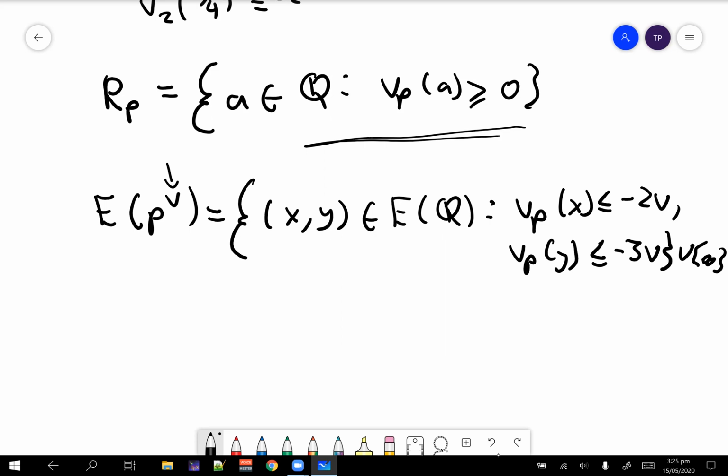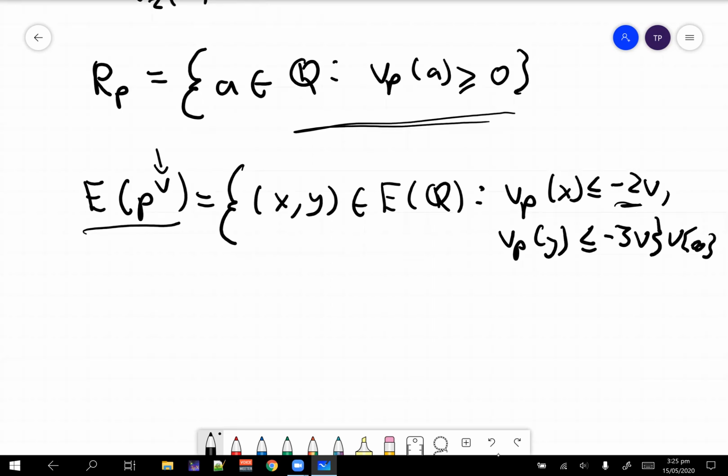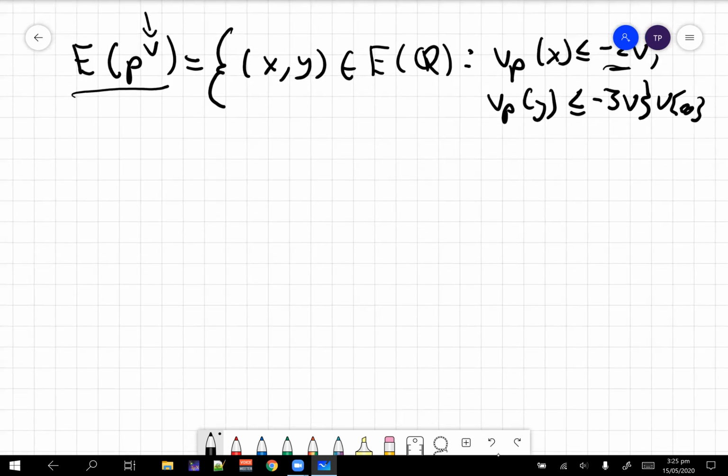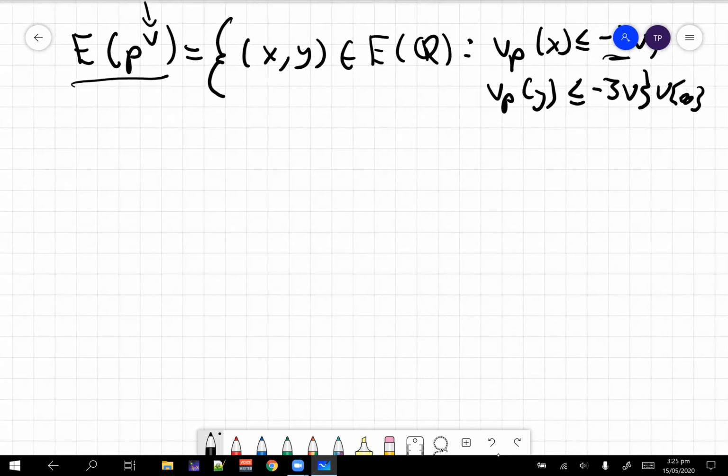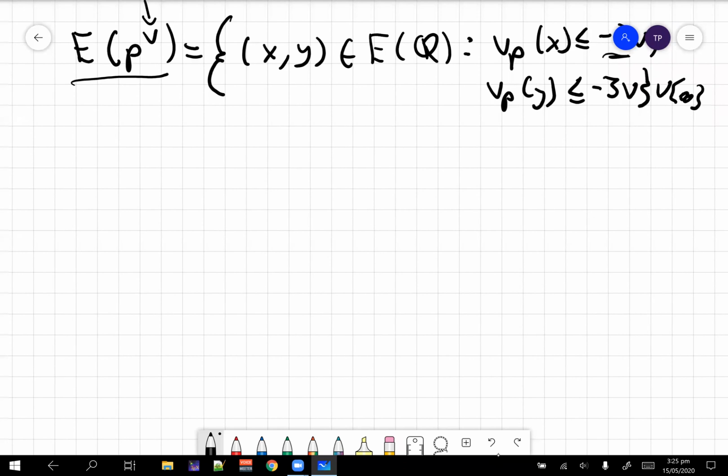So this set is given by every point with valuations less than a particular number. And why do we do this? Well, I'm going to prove a little lemma so we know why we should define the set and how it's going to help us give a proof.